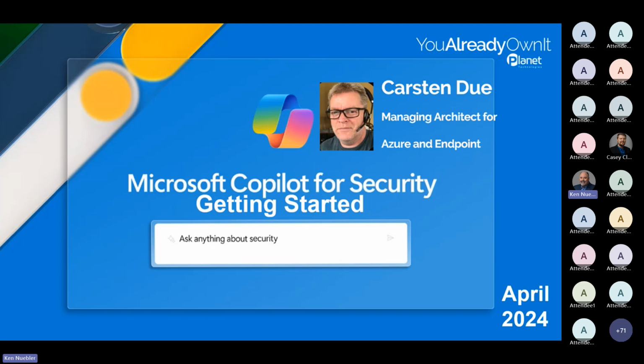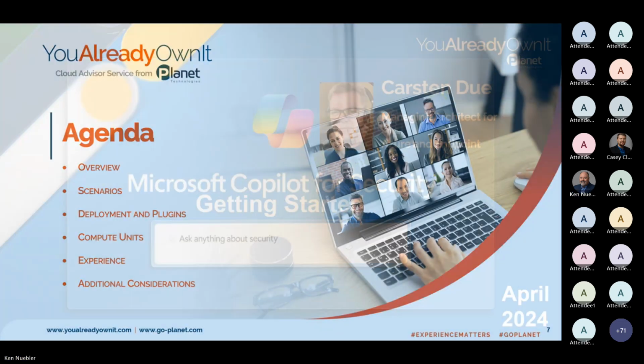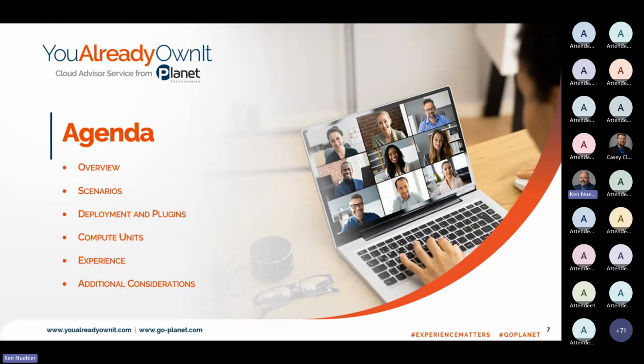Well, we have a full agenda, so let's go ahead and get started. Our agenda today consists of an overview of what Copilot for Security is and isn't. Then we'll get into scenarios to use Copilot for Security, then deployment and plugins, and of course, everyone's favorite topic, cost, and how to use compute units to answer your questions.